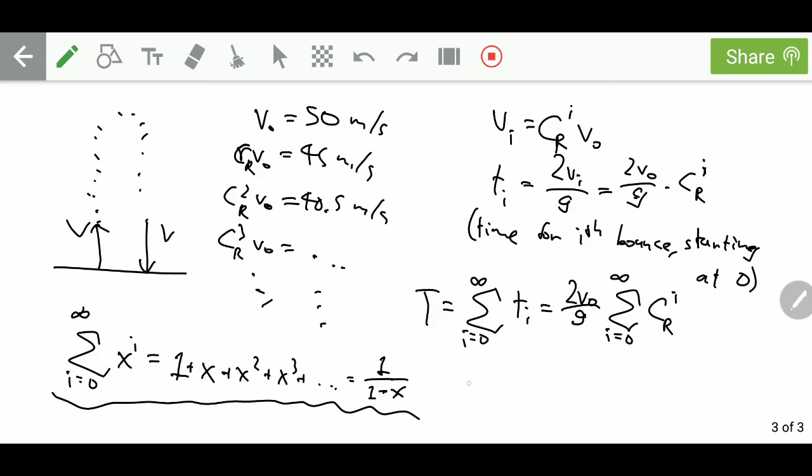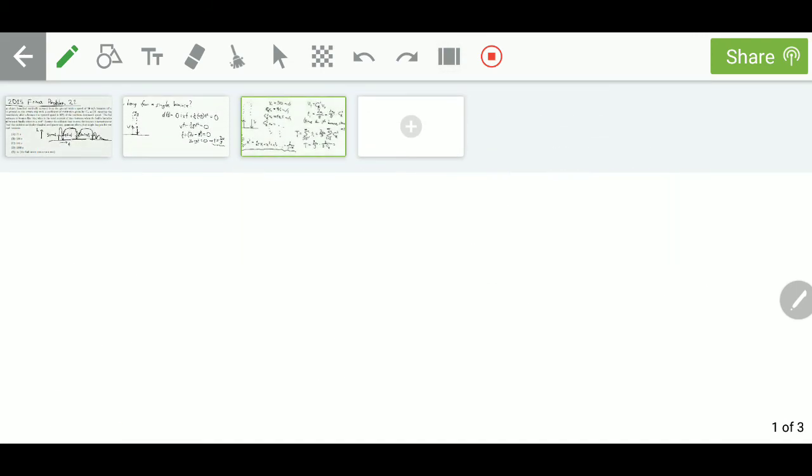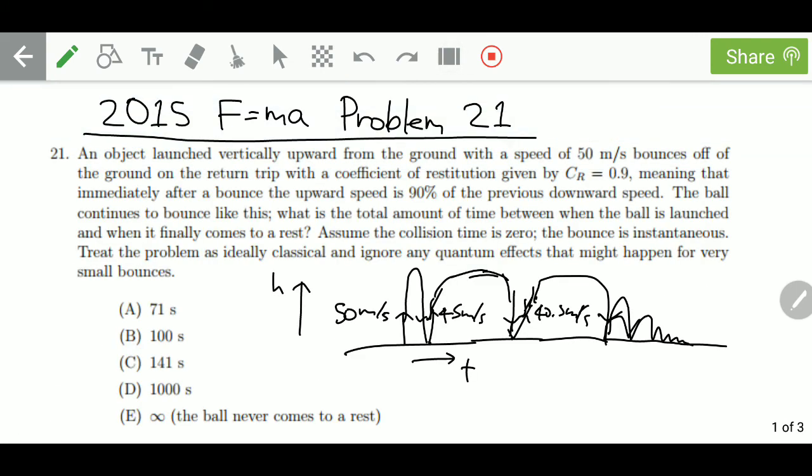And so we'll use that here. So we have T equals 2v naught over g times 1 over 1 minus C_r, where C_r is the coefficient of restitution. And now we can just compute everything. We are told that v naught is 50 meters per second.